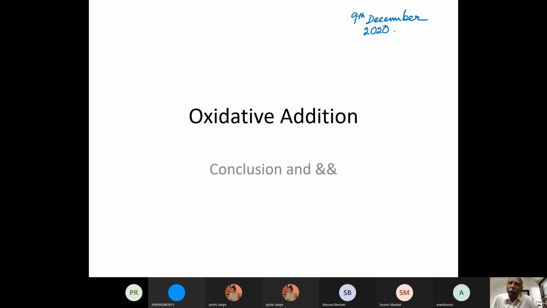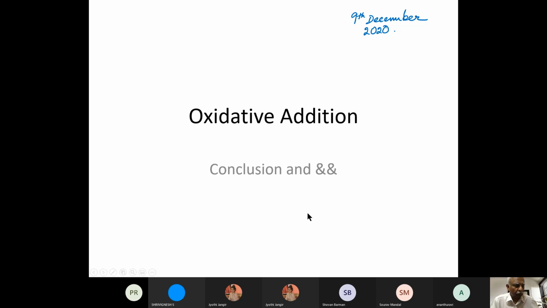We were primarily talking about two electron oxidative additions, and these seemed to happen in a stepwise fashion, which involved radicals. There was also an SN2 type pathway, and let's use the slides.